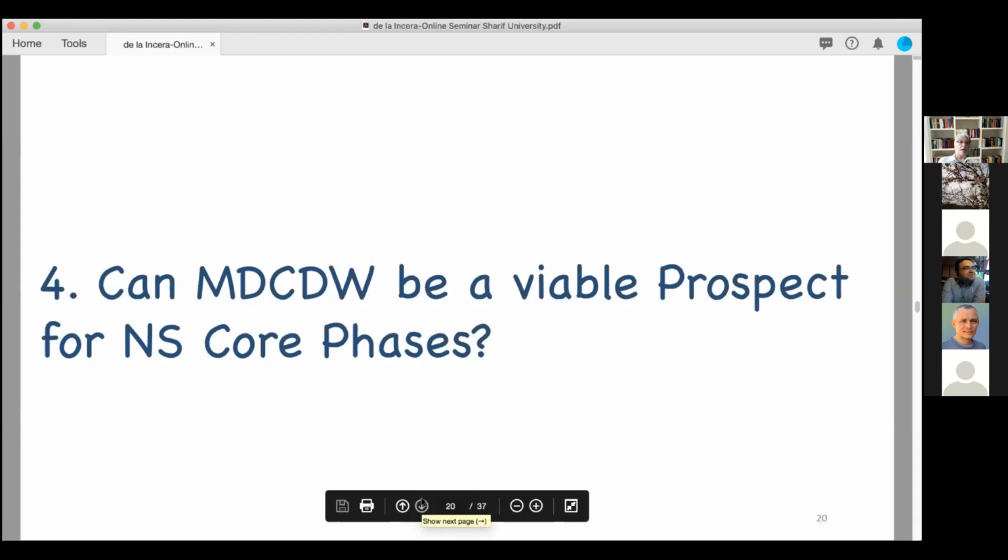Single modulated phases have an issue with stability when you put in any temperature. The fluctuations about the condensate can erase the condensate, can erase the long range order at any temperature, no matter how small.